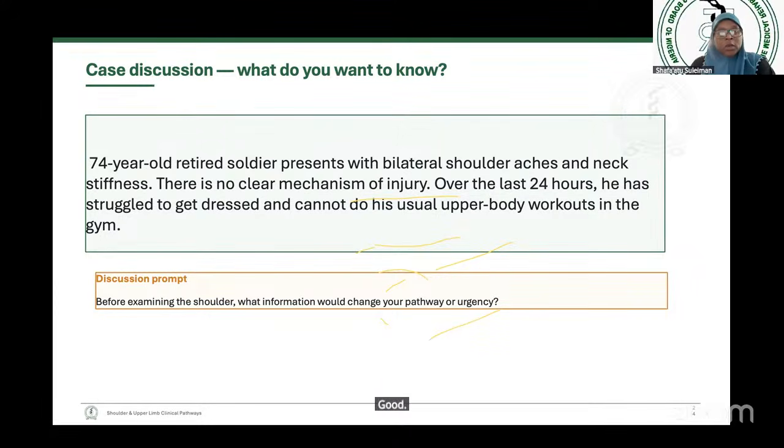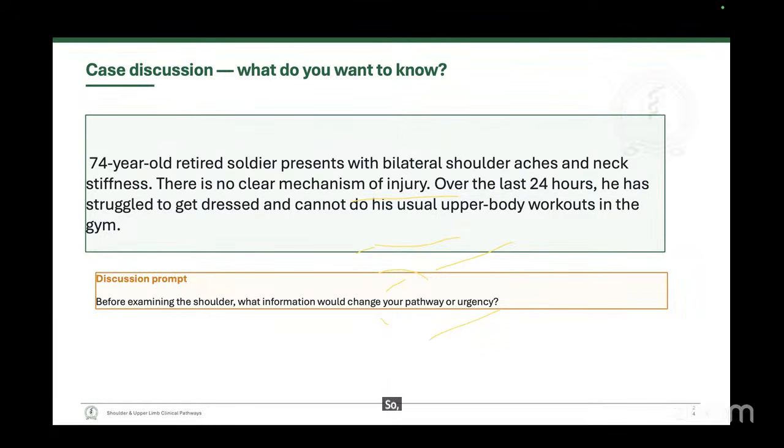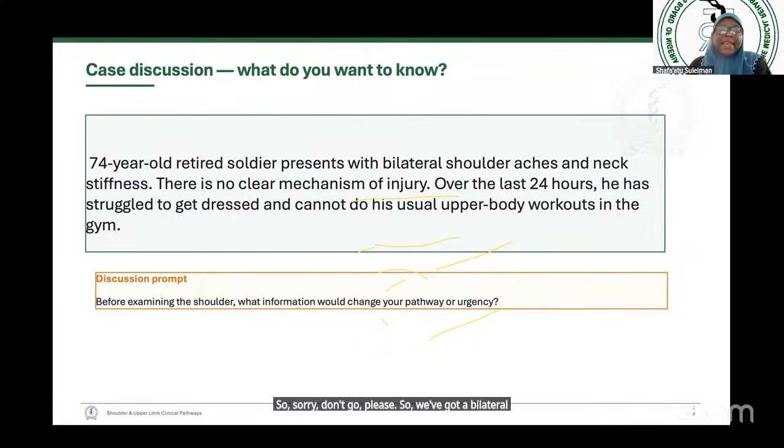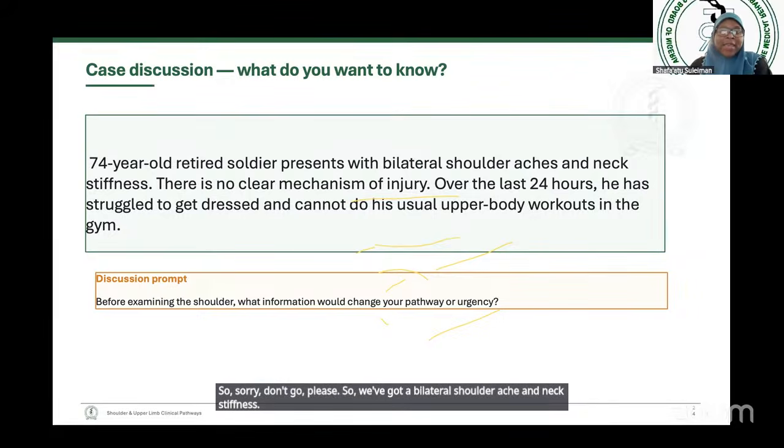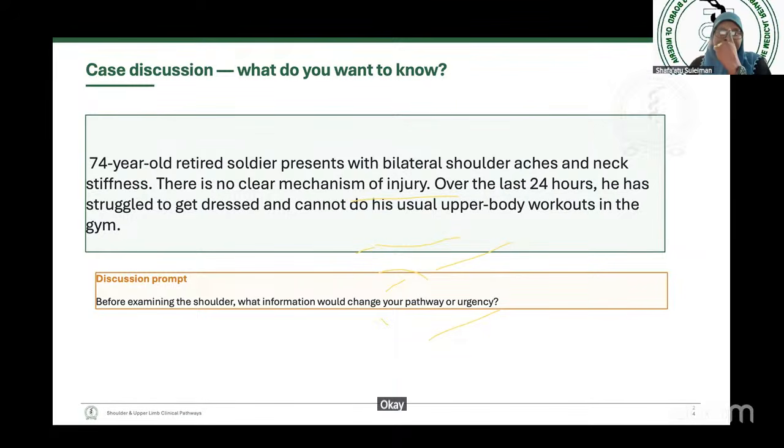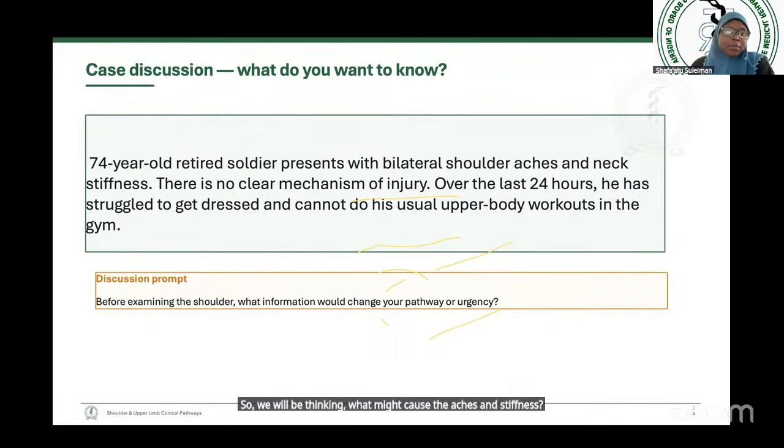Good. Thank you. So, sorry, don't go, please. We've got a bilateral shoulder ache and neck stiffness. So, we'll be thinking what might cause the aches and stiffness. One, it might be tendinitis. Yes, we will ask so and so question.